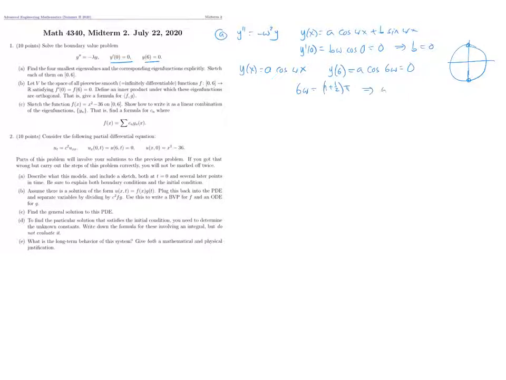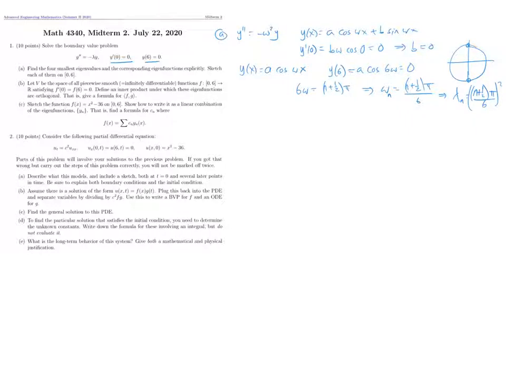So omega equals (n plus 1/2) pi divided by 6. So that means that the eigenvalue, which is lambda, which is omega squared, lambda n, let me call this n, equals ((n plus 1/2) pi over 6) squared.